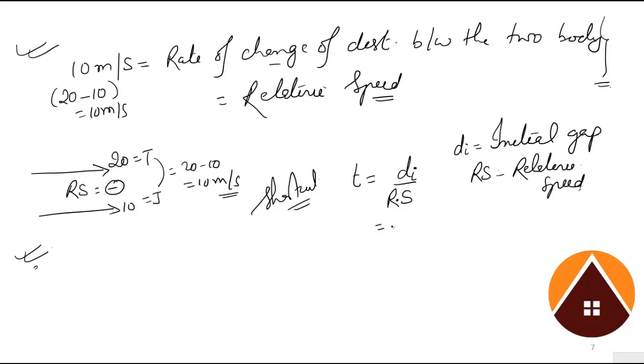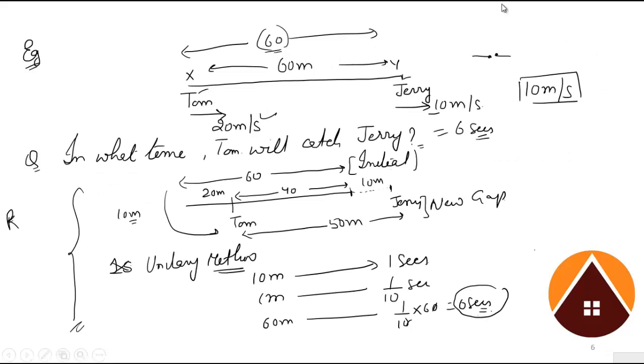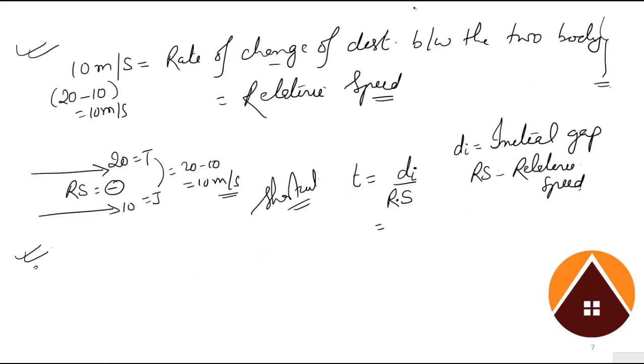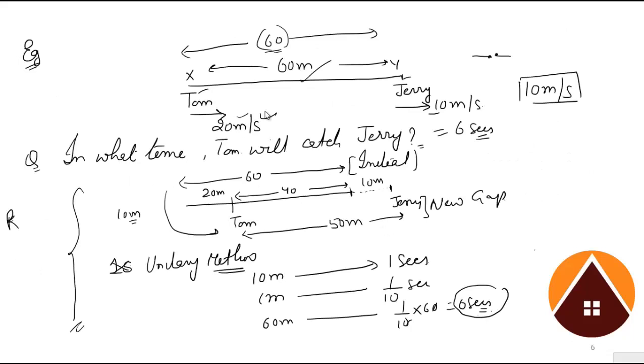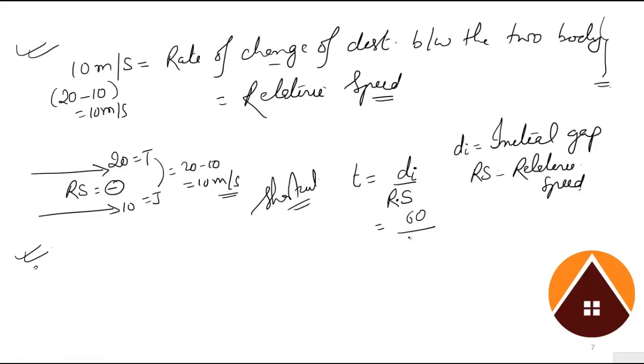So what is the initial gap between the two? 60 meter. So I write 60 divided by, what is the relative speed? 20 minus 10. So I write 20 minus 10. I get 60 by 10, and the answer is 6 seconds.